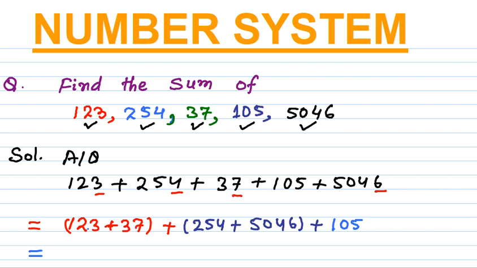37 plus 23 gives us 160, plus 254 plus 5046 gives us 5300, and here is 105.